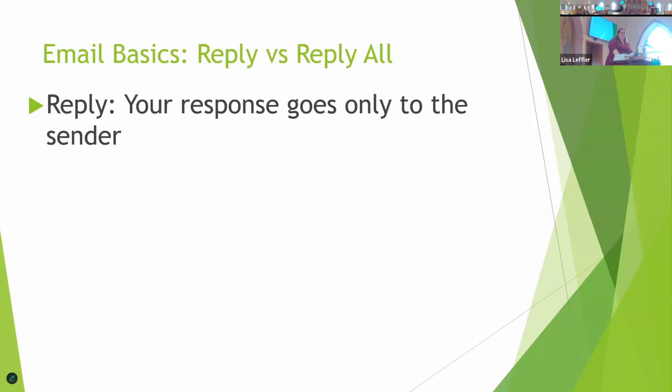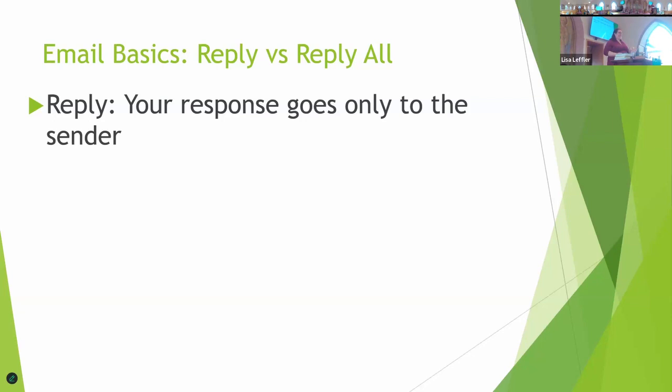And so this is the one that I really want people to understand, and I've made mistakes with it in the past in embarrassing ways. So the difference between when you should use reply and reply all. So the reply goes only to the sender. And the fun trick is some emails will default to just doing reply, and some emails will default to doing reply all.